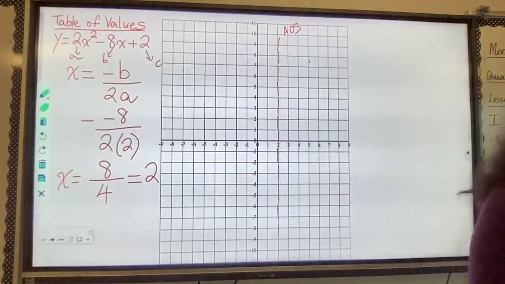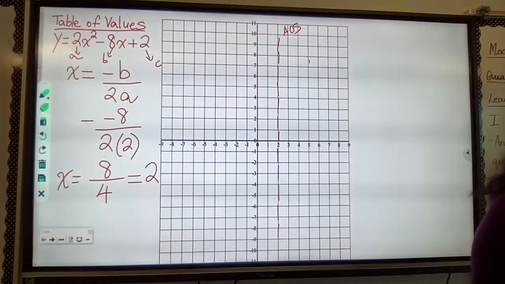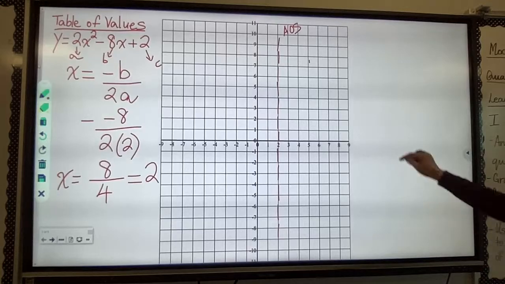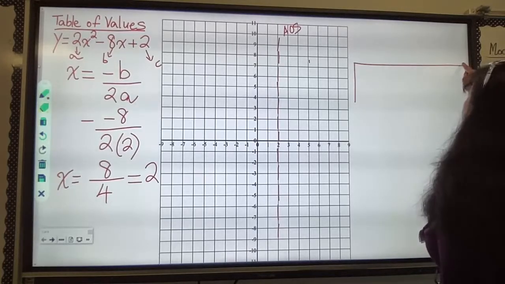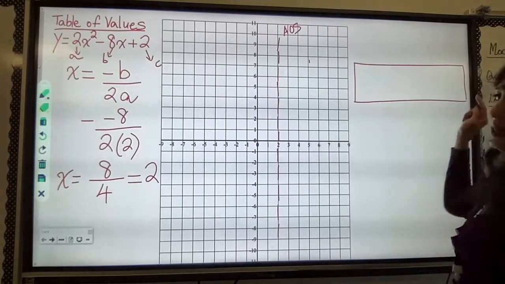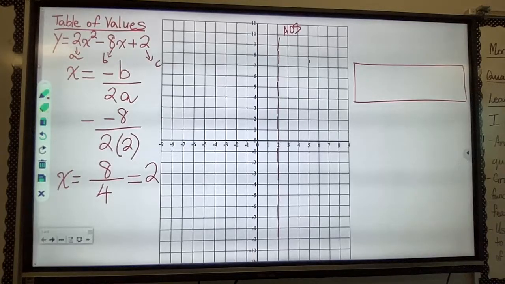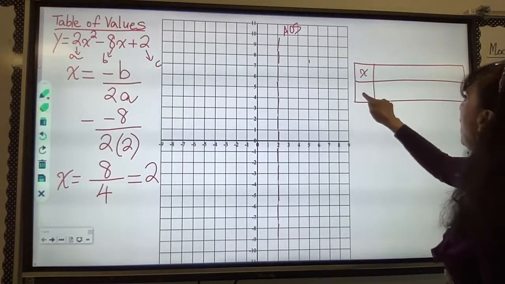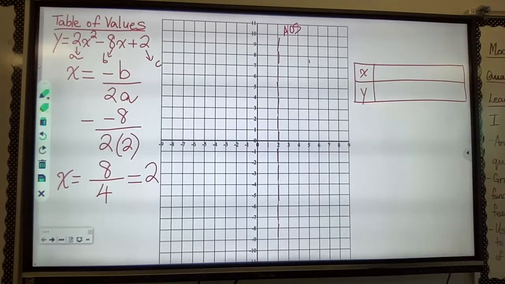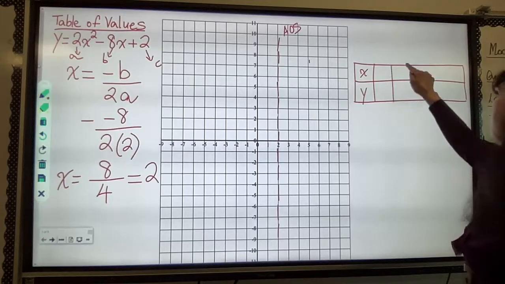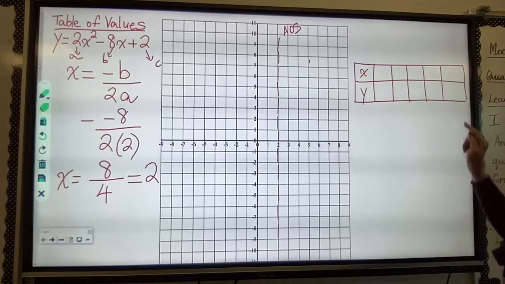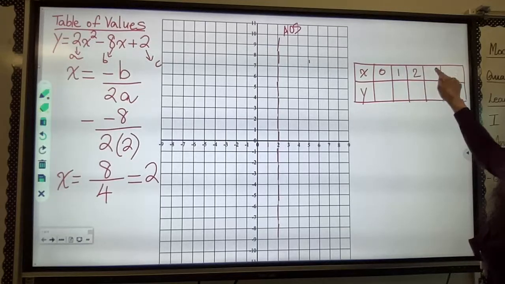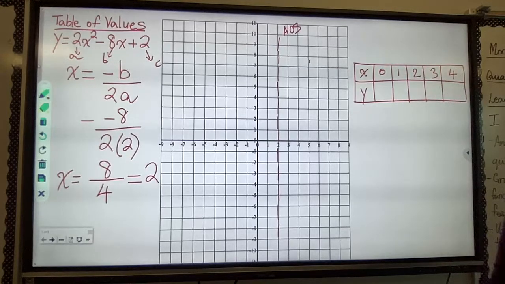Now the next thing I can do is create a table to find the other values. So I'm just going to go ahead and create a table like this, and I'm going to have x and y. Then I'm going to put some values, 1, 2, 3, 4, 5, and let's say x is 0, 1, 2, 3, 4.